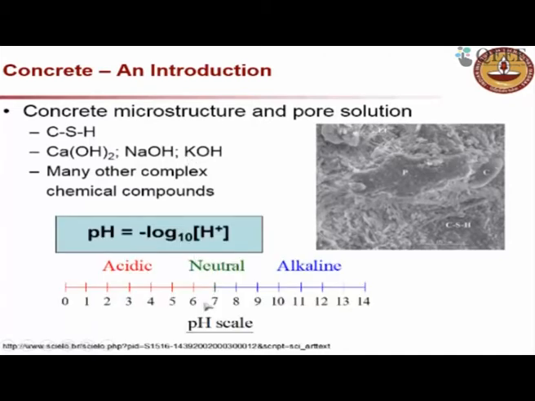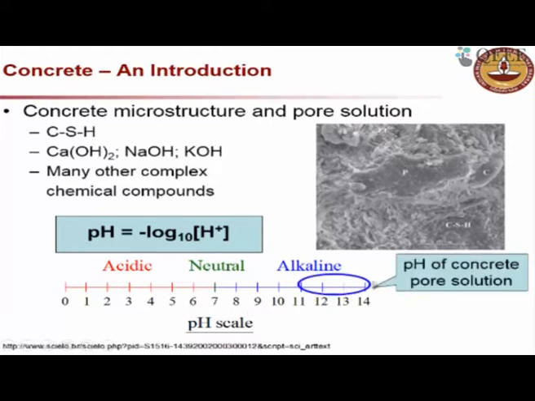If you look at the pH scale, you will see that the concrete pH is towards the right end, highly alkaline in nature. That's the pH of the pore solution in the concrete, and this is exactly one of the reasons why we are able to use steel in concrete, because the steel is very well protected in this high pH environment.